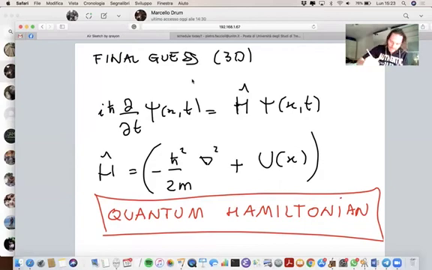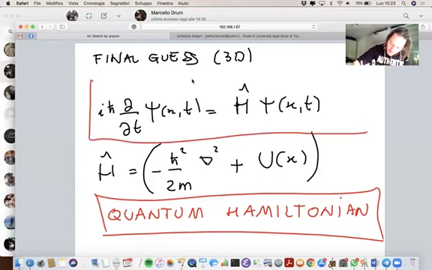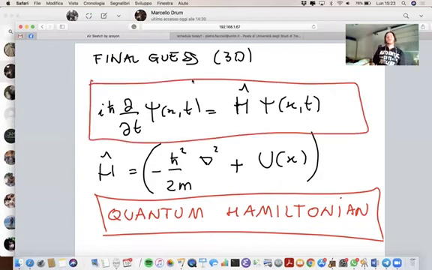Cool. And this here is the heart of quantum mechanics, and is the well-known, infamous Schrödinger equation. It is one of the most famous and not to mention relevant equations in the history of physics and, dare I say, of mankind.